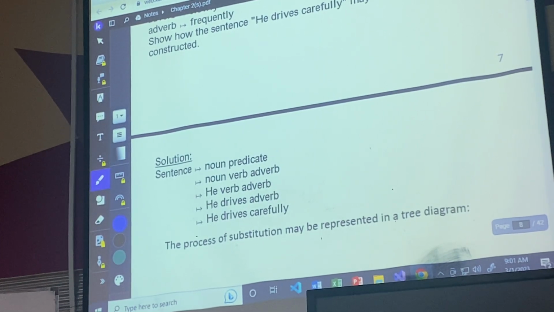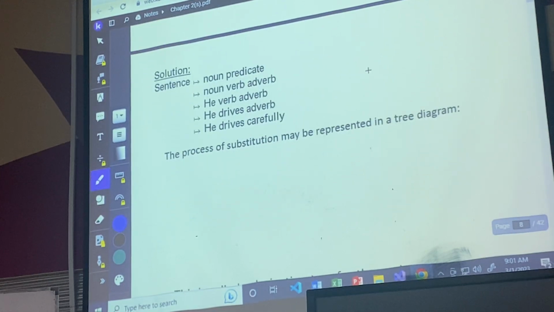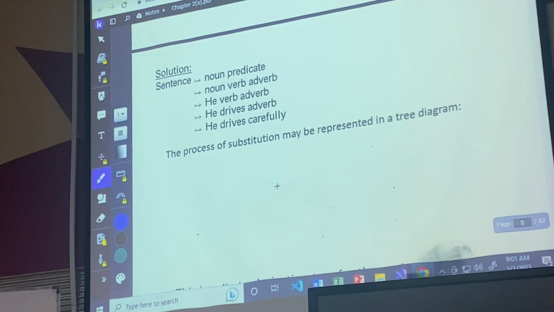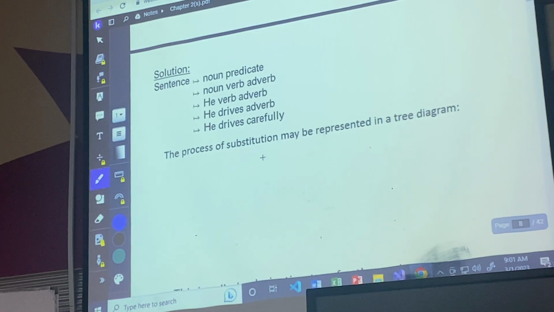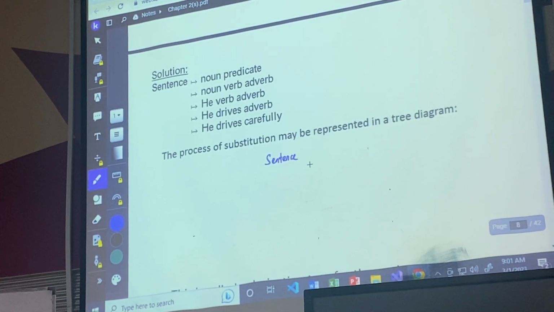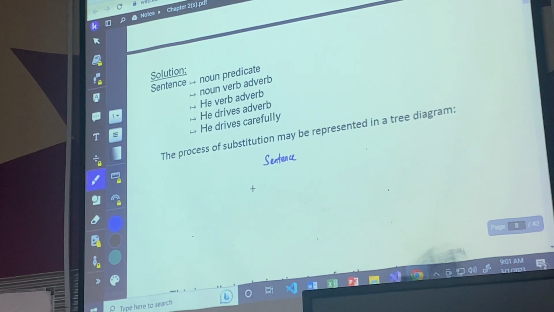Okay? And of course, we can show this in a tree diagram also. If you draw it in a tree diagram, the starting point will be the sentence, which is the root of the tree. Okay, then you follow this substitution here, noun and predicate.